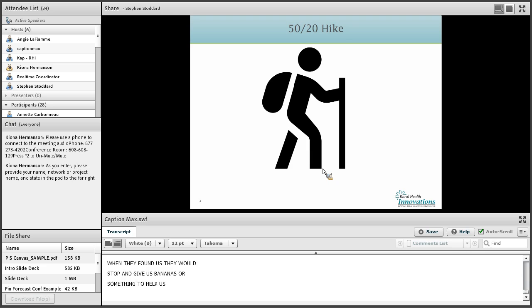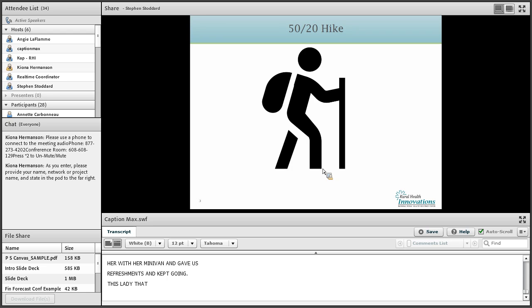Literally in the middle of the night, as we were walking through the rural areas, we had arranged for a couple of people to come, and at that time we didn't have cell phones, so they would drive along the route and try to find us. And when they would find us, they'd stop and give us some bananas or something to help us keep going.